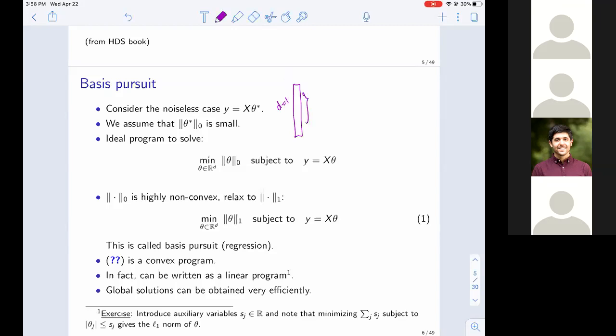So you'd want to pick a subset of size k, and there are d choose k subsets of size k from 1 to d. So these are candidate supports for your vector.